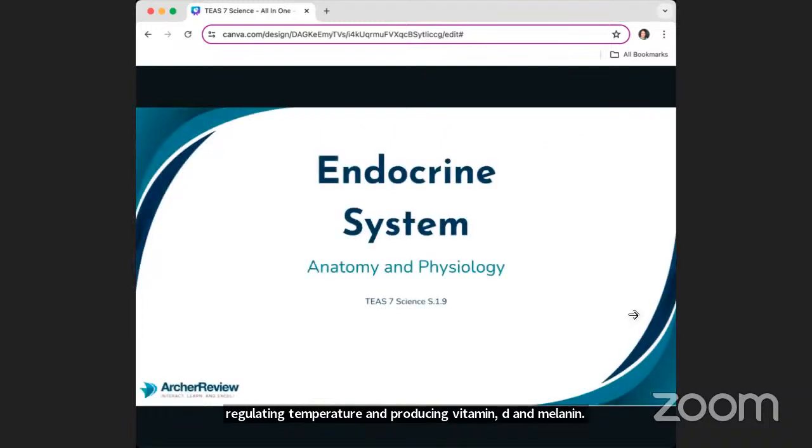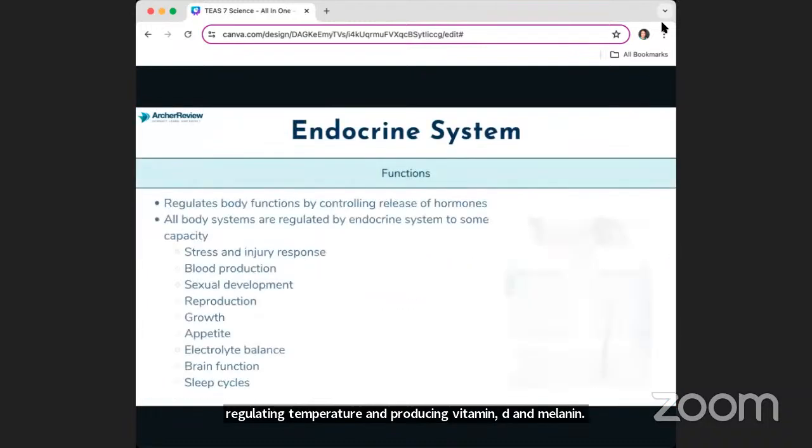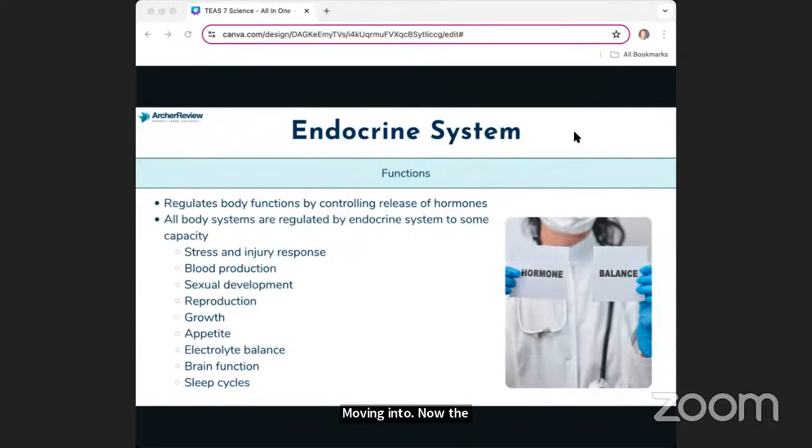Moving into now the endocrine system. With the endocrine system, this is going to regulate body functions by controlling hormones. The endocrine system has many working parts, but all of it has to do with releasing hormones. So all body systems are regulated by the endocrine system to some capacity.